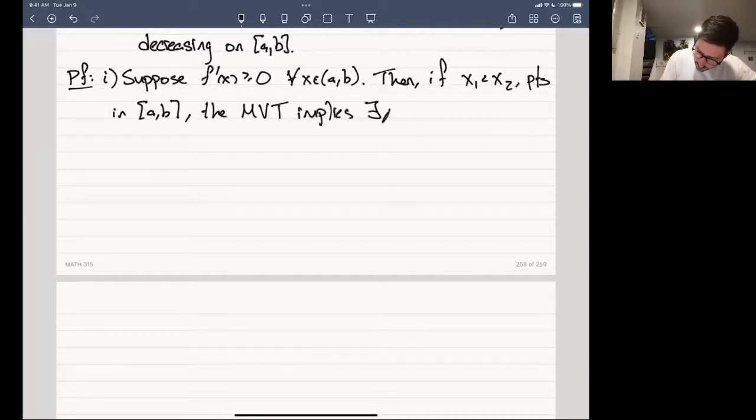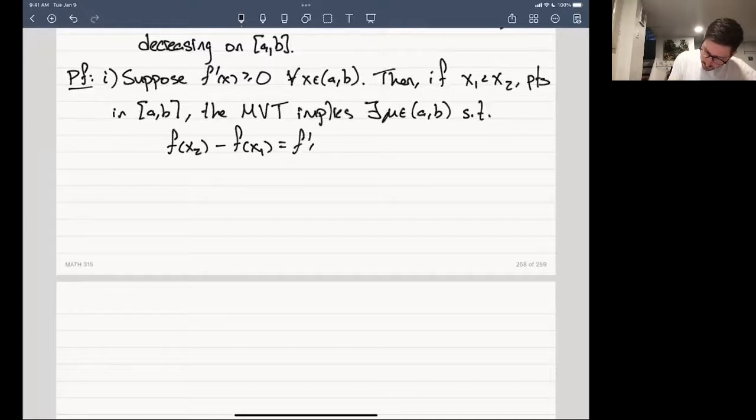that there exists some mu in (a, b) such that, well, again, it's just the mean value theorem, nothing fancy, f of x2 minus f of x1 is equal to f prime of mu times x2 minus x1. Let me just scribble underneath. This thing is greater than 0. This thing is greater than or equal to 0.